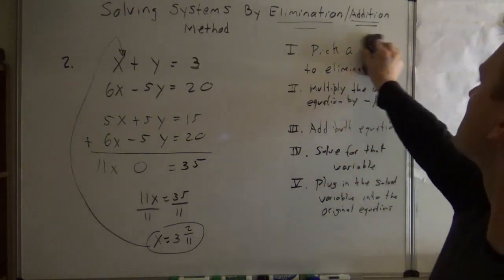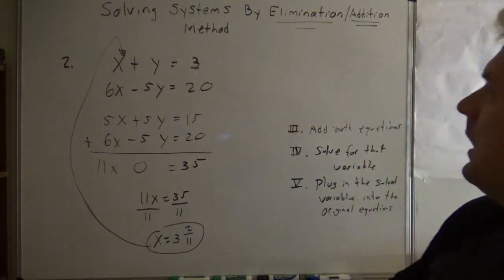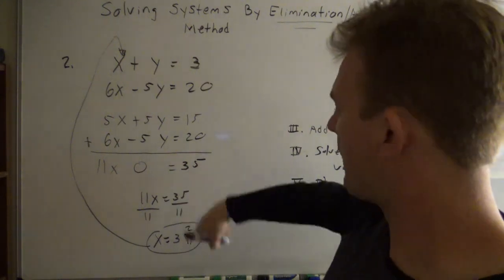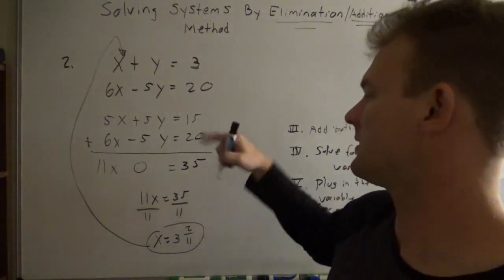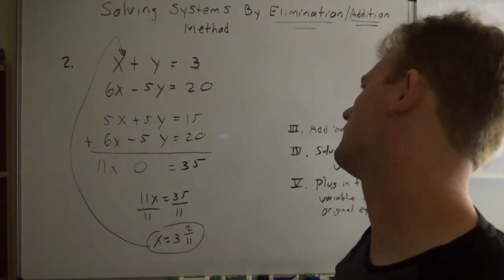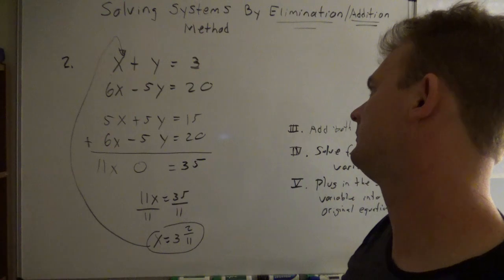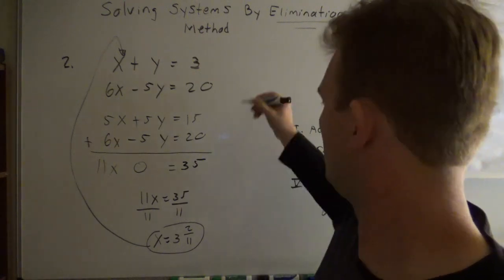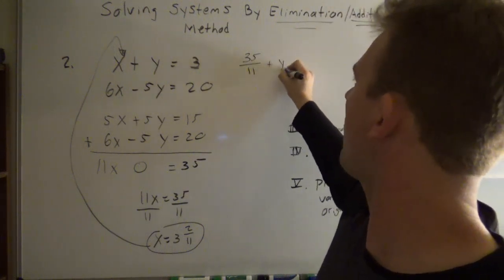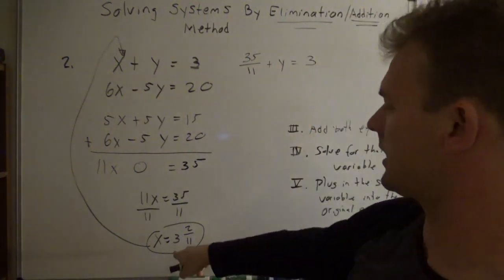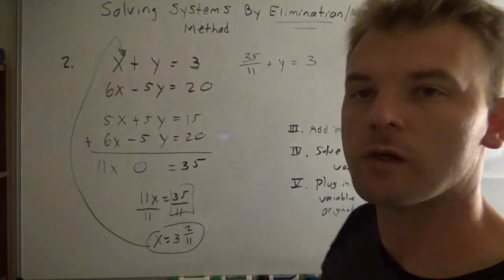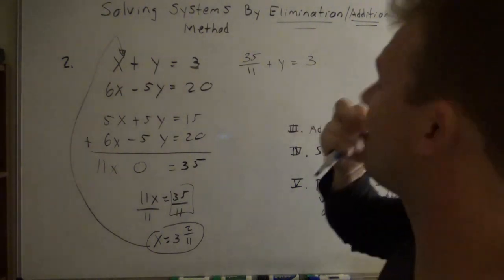I can use either, but I'm probably going to use the improper fraction because I don't have to do a lot of manipulation. So let's do 35 over 11 plus y equals 3. All I'm doing is plugging this, which is the same thing, into the first one, and then solve for y.